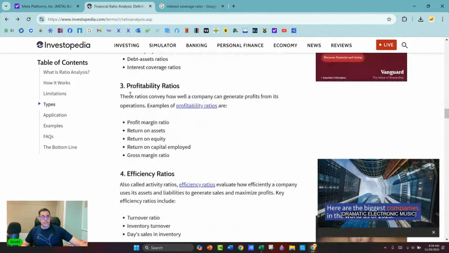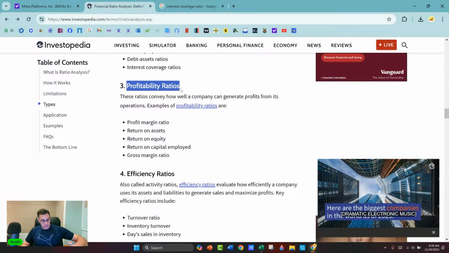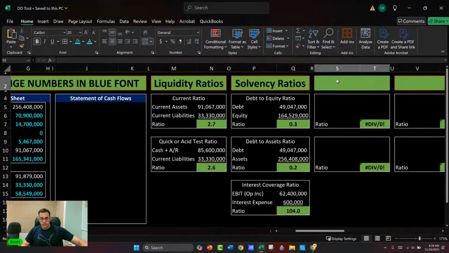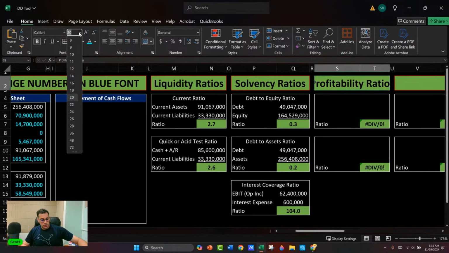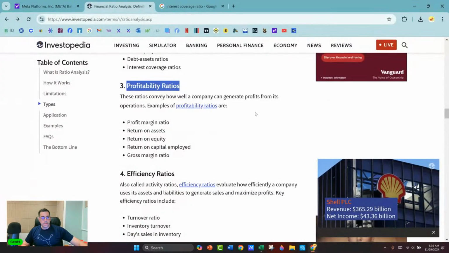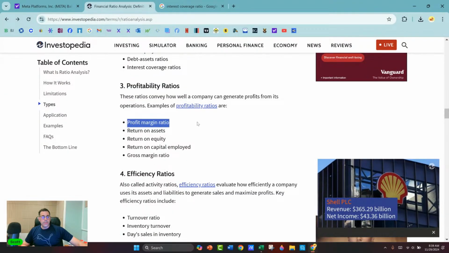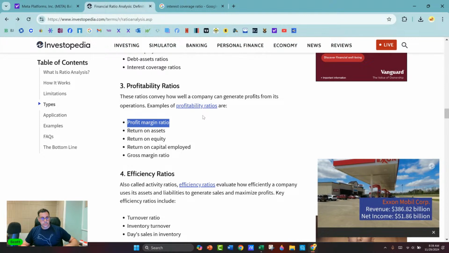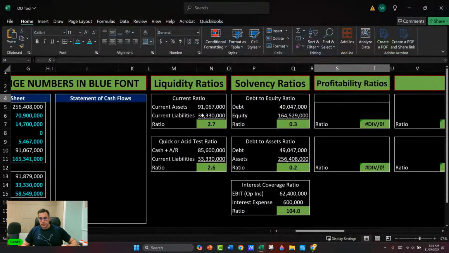Now profitability ratios. Let's do that. So profit margin.